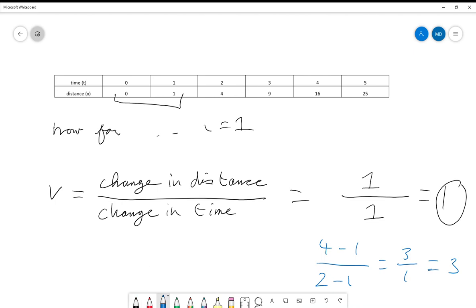And the 3 is the average velocity between the first second and the second second. So it's the average, and we should probably change that here. We should put average here. And we don't want the average velocity. We want to know specifically how fast it is going at the exact point that our time is 1. How fast is it going here?